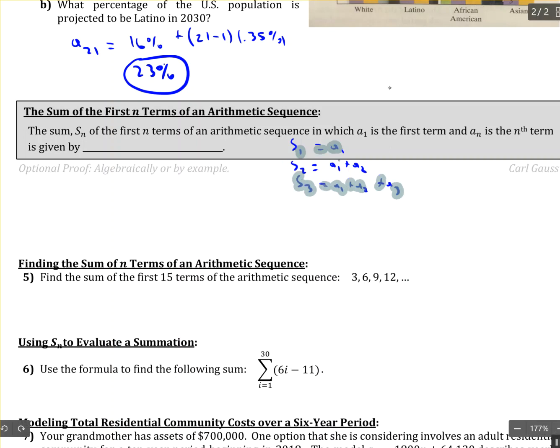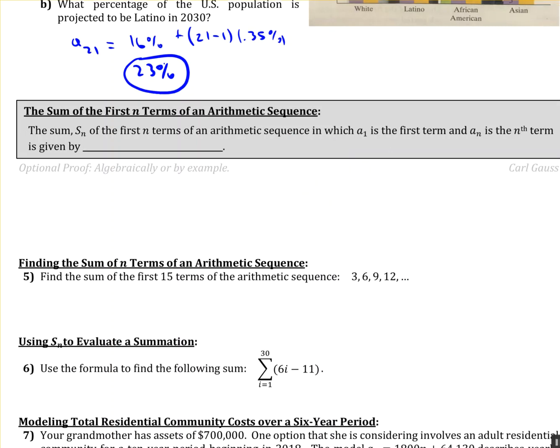All right, so let's come up with what this formula would be. First off, hopefully you'll agree with me that S_n is equal to A_1 plus A_1 plus d, that's our second term, plus A_1 plus 2d, that's our third term, plus dot, dot, dot.